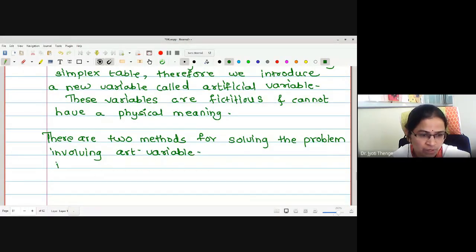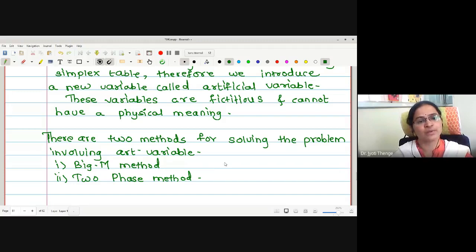The first method is the Big M method, and the second one is the two-phase method. Okay, now these two methods are developed.